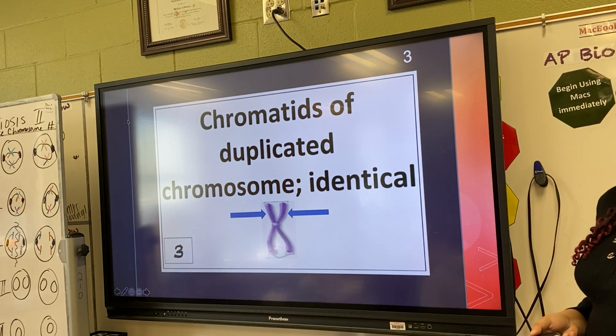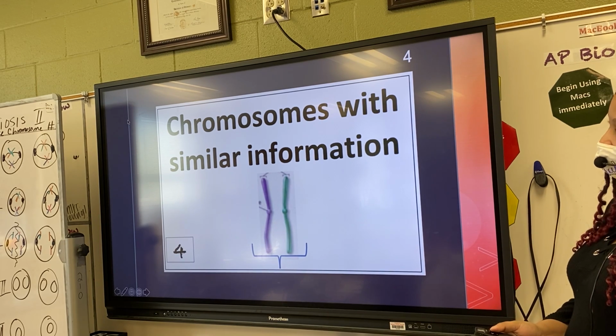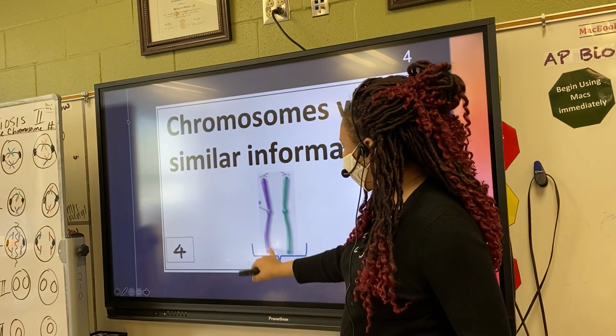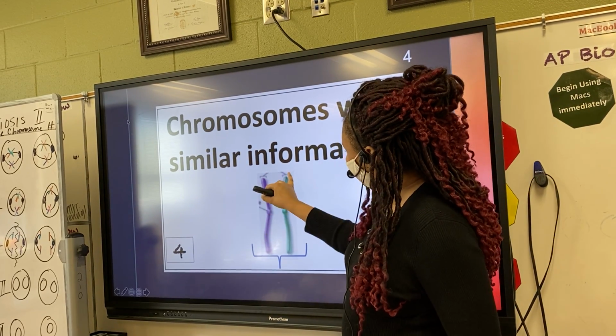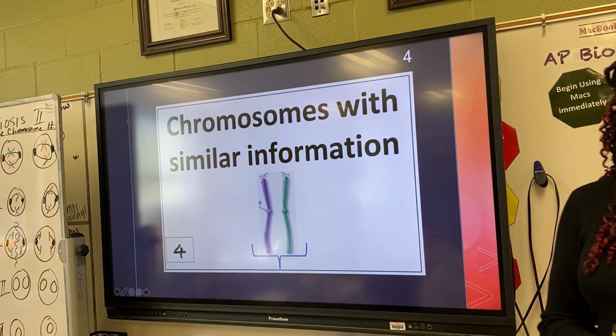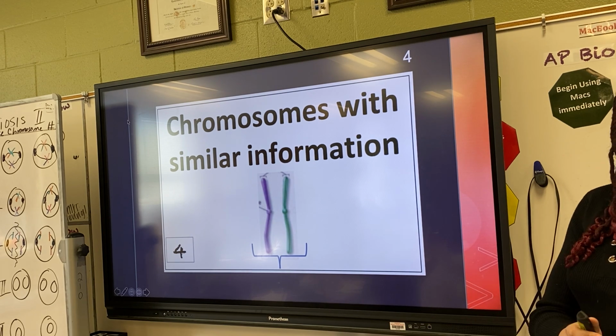These are sister chromatids. Now, this is showing chromosomes that carry similar information but come from a different source. So one of them comes from mom, so it has a maternal source. The other one comes from dad. It's a paternal source. They carry the same type of information though. So what do we call these?